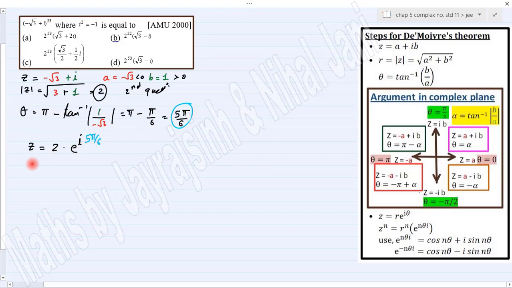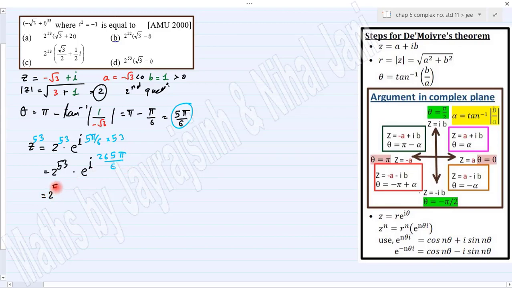But as we know, we need to find out z raised to 53. So you'll get 2 raised to 53 into 53 multiplied with the power of i, which will give us 2 raised to 53 into e raised to i times 265 pi by 6.